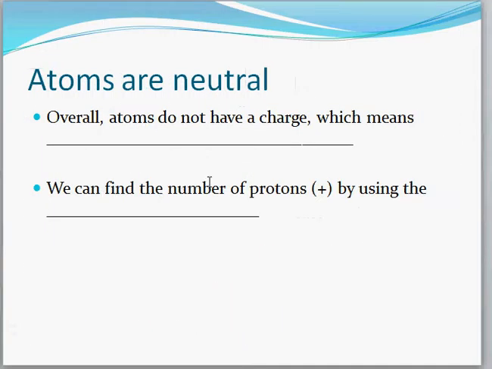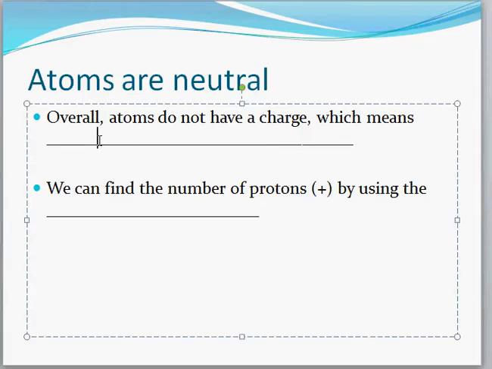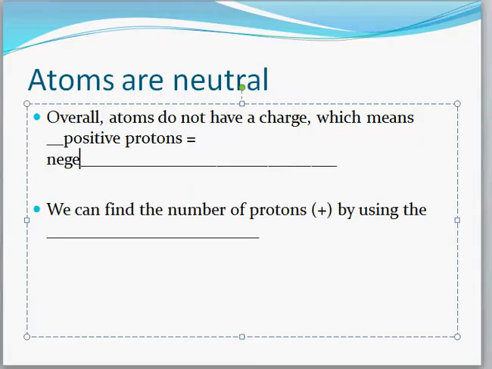The next point is that atoms overall, so atoms of any element, for example, one atom of oxygen, do not have a charge. This means that the positive protons have to equal the negative electrons. Okay?